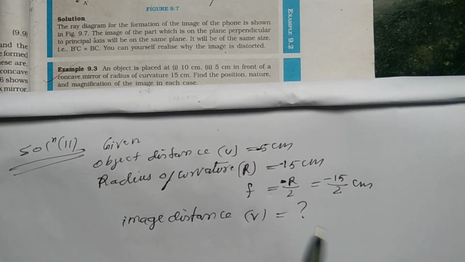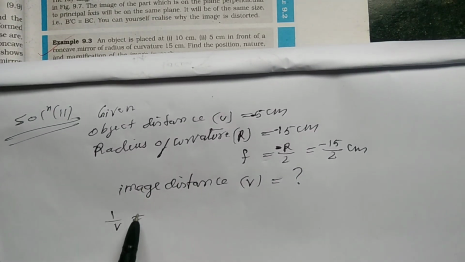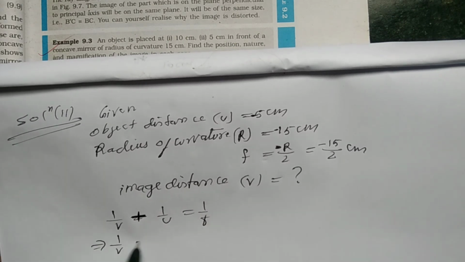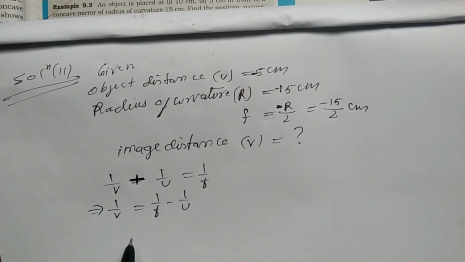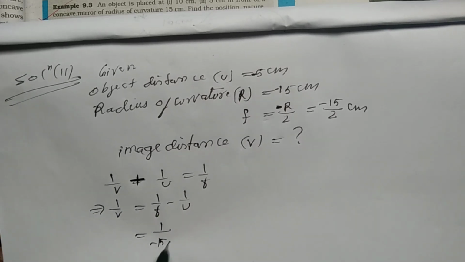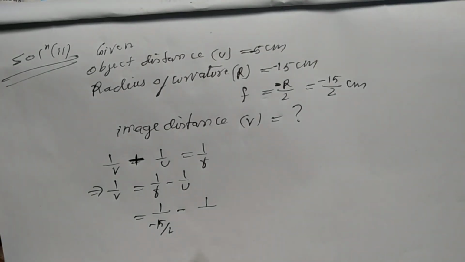We have to calculate. Now since we know the mirror formula, it is 1 by v plus 1 by u equal to 1 by f. This implies 1 by v equal to 1 by f minus 1 by u. Also we can solve this way. Now put the value of f, minus 15 by 2, minus again the value of u, minus 5.